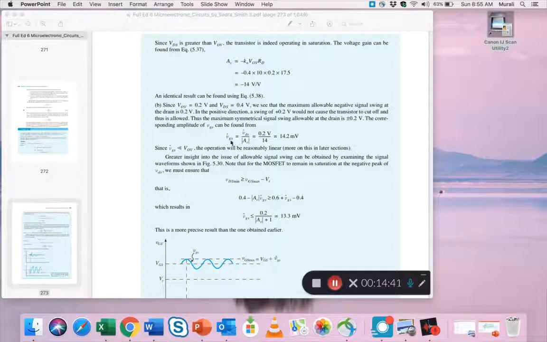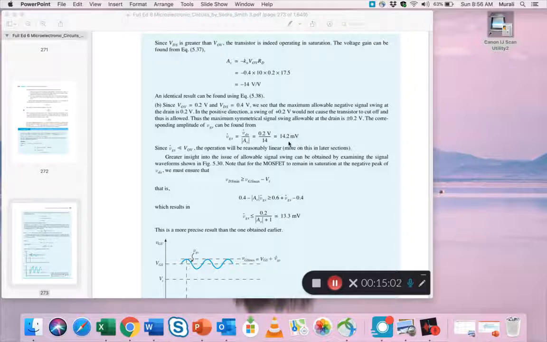To do that, all you have to do is take the swing on the output side and divide by the voltage gain, and luckily we already have the formula and all these values to find the voltage gain. So just divide by that, and you get the swing on the input side.